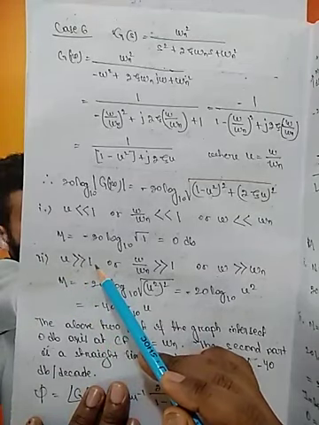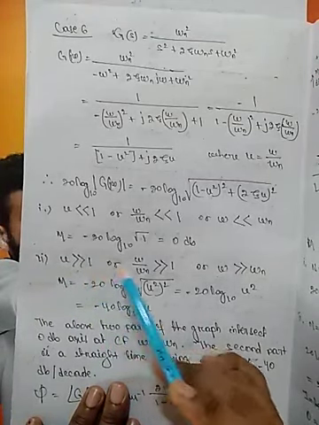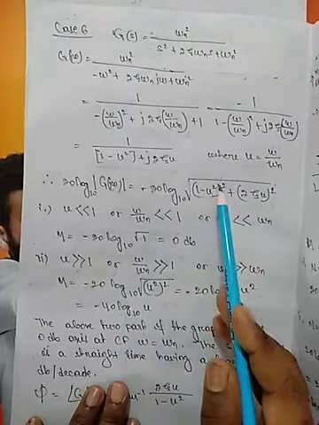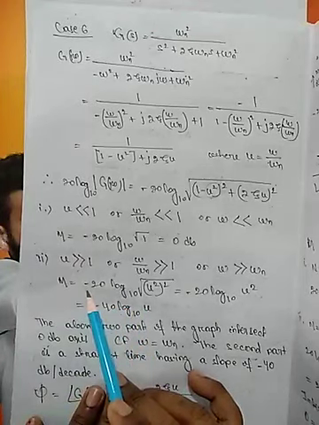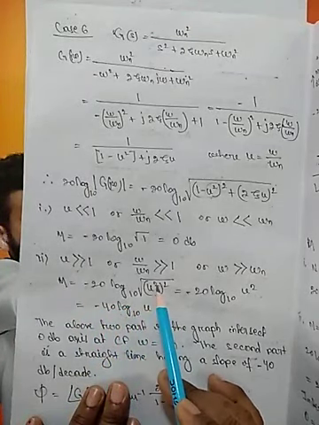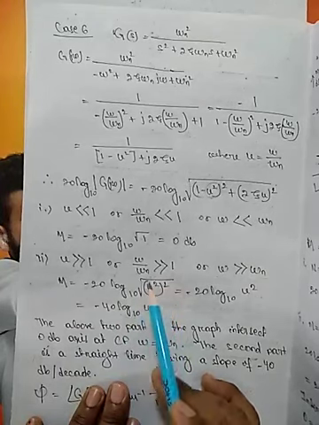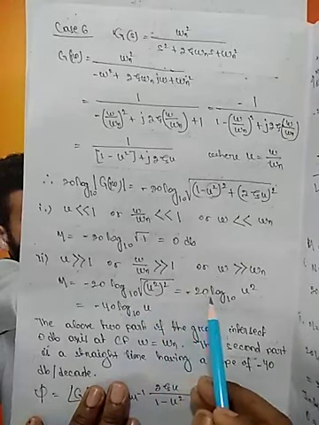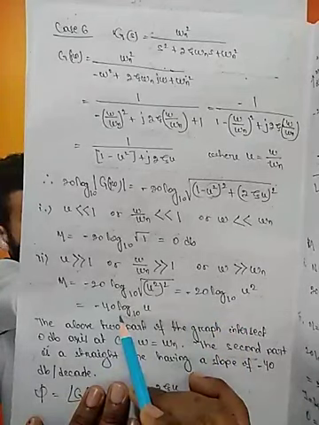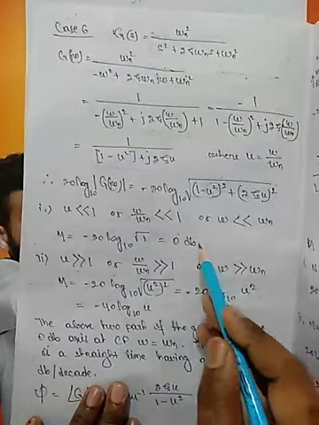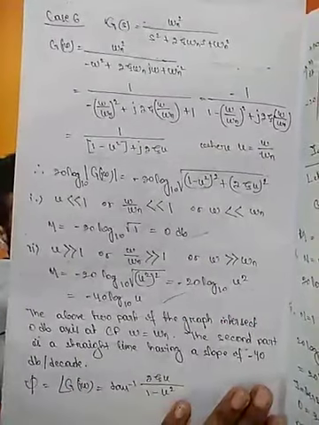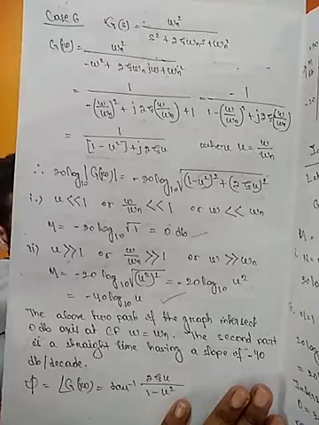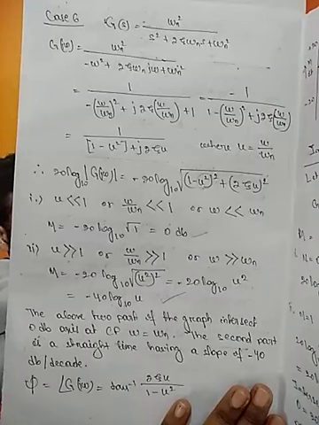If u is greater than 1, then this part is greater than these two parts. So the magnitude we write is minus 20 log 10 of the square root of u to the power 4. It gives minus 20 log 10 u square, or minus 40 log 10 u. So from these two equations, it is very clear that the magnitude versus frequency graph consists of two parts.